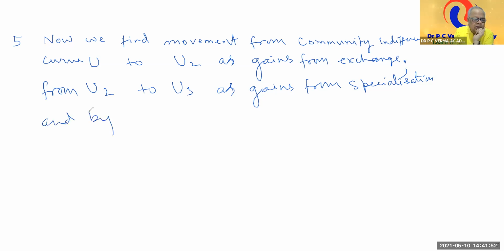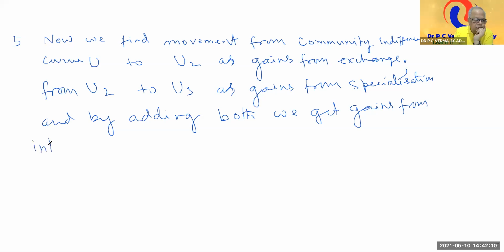And by adding both we get gains from international trade.